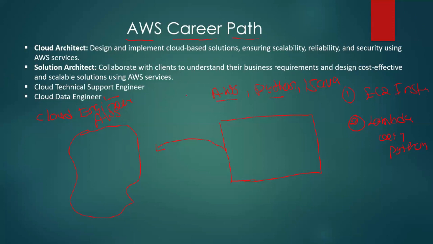All of these require cloud skills today. You have to do machine learning on AWS, data engineering on AWS, and cloud architecting on AWS cloud. So for experienced people and for freshers, AWS is a must today. That is about the AWS career path.